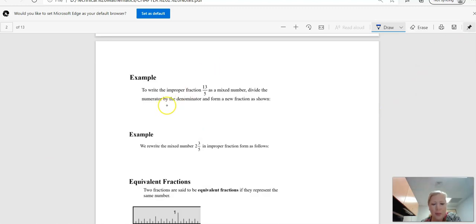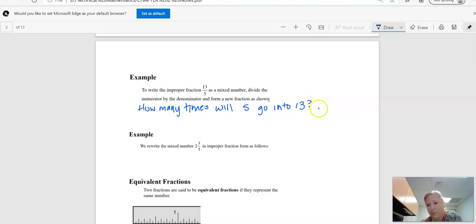To write the improper fraction 13/5 as a mixed number, divide the numerator by the denominator and form a new fraction as shown. Okay, so the first thing you want to ask yourself is, how many times will 5 go into 13 evenly?